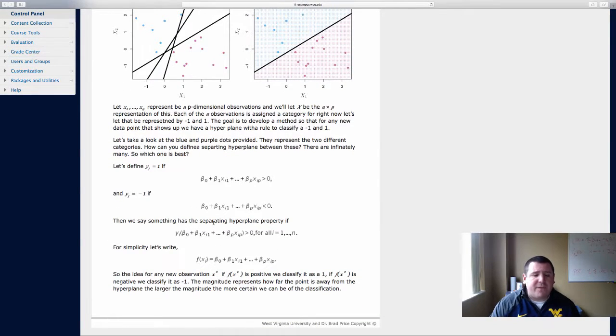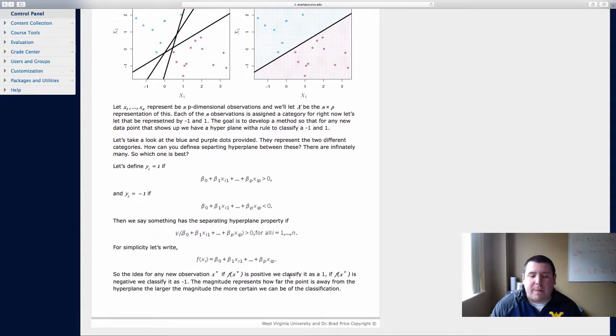So for simplicity, we're just going to say this hyperplane is f of x, okay? So the idea is for any new observation x star, if f of x star is positive, we classify it as a 1. If f of x star is negative, we classify it as a -1.